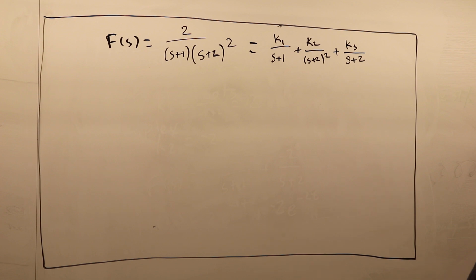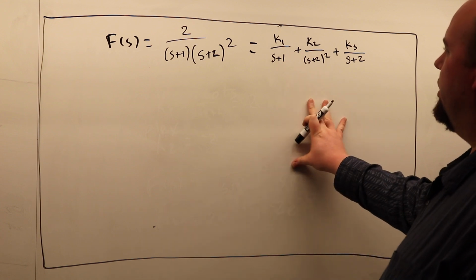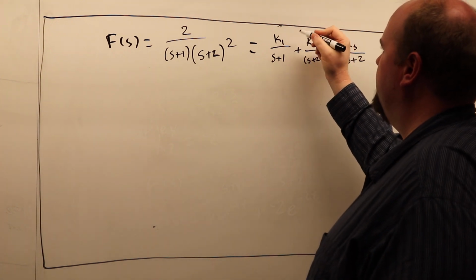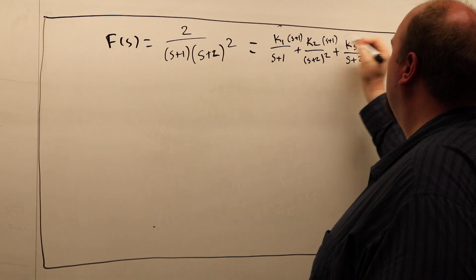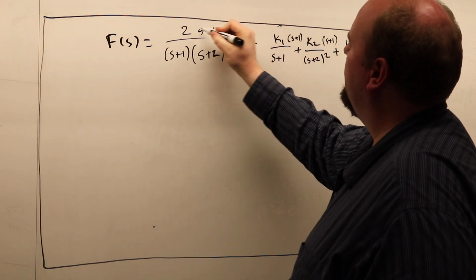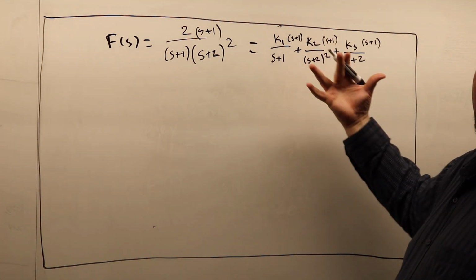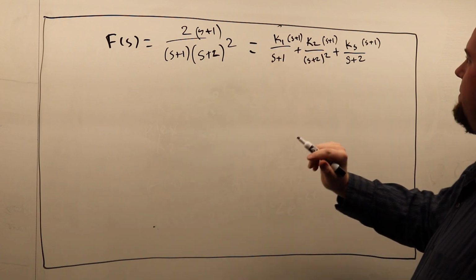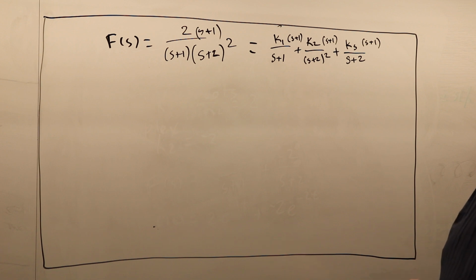Okay, so solving for k1 is fairly straightforward. To solve for k1, we're just going to multiply both sides of this equation by s plus 1. These cancel out, so all we have left here is k1. k2 and k3 are both now multiplied by s plus 1. So how are we going to get rid of those?